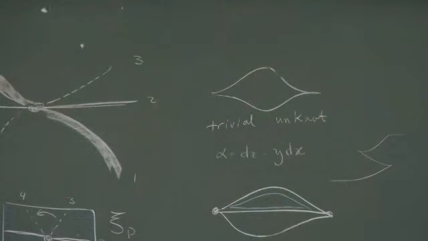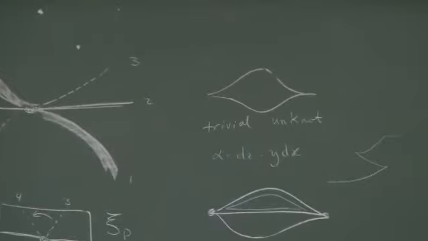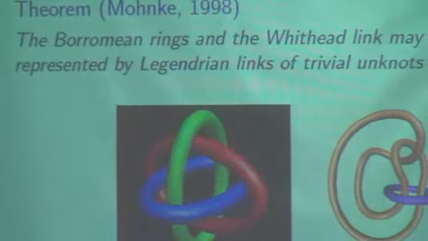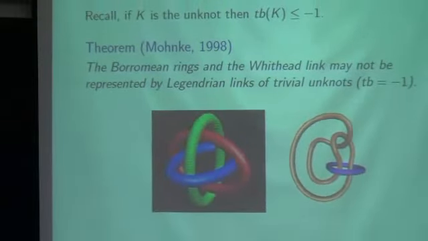And Monk proved that the Borromean rings, as well as the Whitehead link, cannot be Legendrian realized where all of the components are trivial unknots. You'll always have to have one component with a smaller Thurston-Bennequin number. So it cannot be realized in this way.